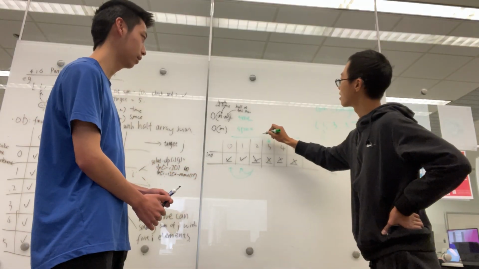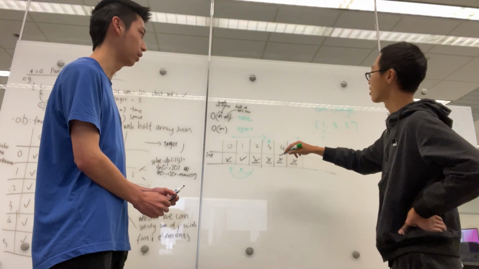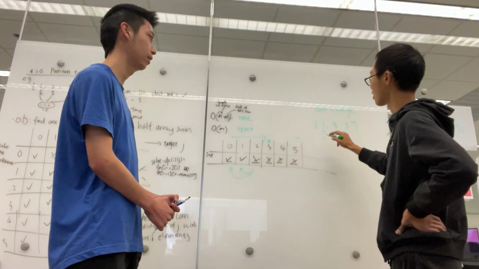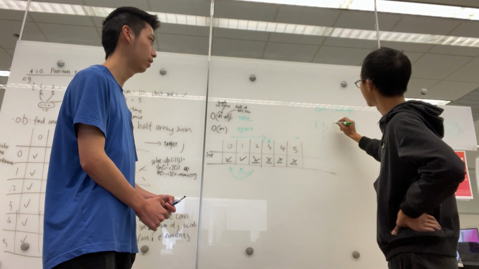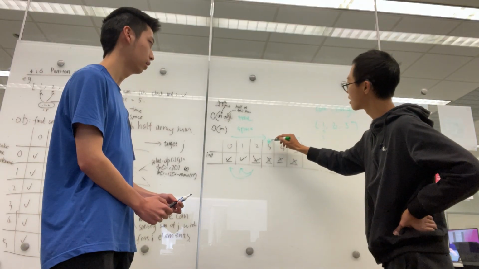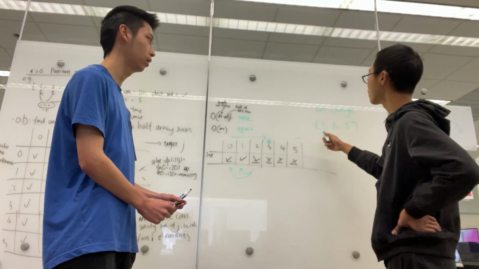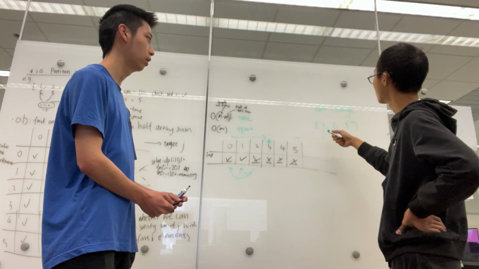For example, if we want to make a target sum of 3, we should be able to use 3 ones to make 3.